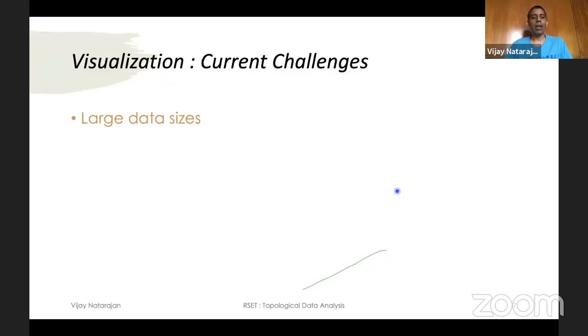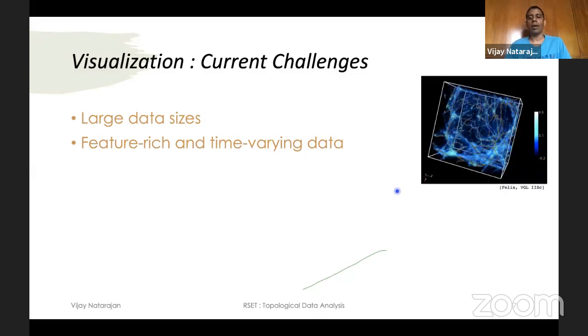The size of the data becomes large, and this causes a lot of trouble for us. The data becomes feature rich, as in there are a lot of interesting things in the data, and as a human, I'm not able to pay attention to all the features. So I would like my visualization to focus on the interesting parts, such as the data from the cosmology study.